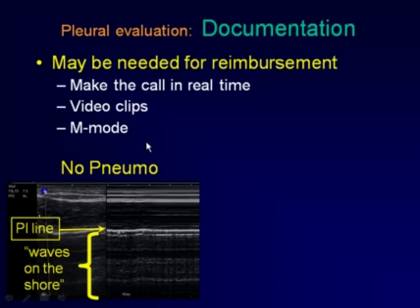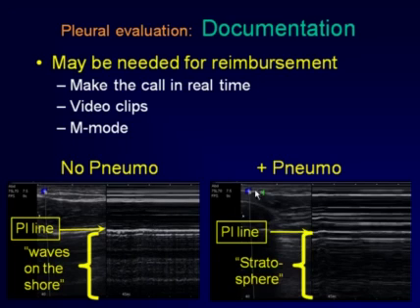But another method that's been described is using M mode, and the movement of the lung back and forth here, and the movement within the lung underneath the visceral pleura here creates this rough appearance, which is often described as waves coming up towards the shore in this direction, waves on the shore. And this indicates the absence of pneumothorax.